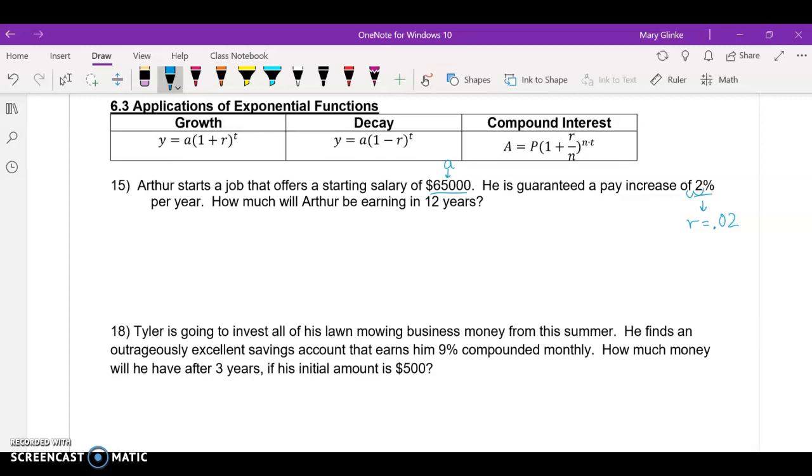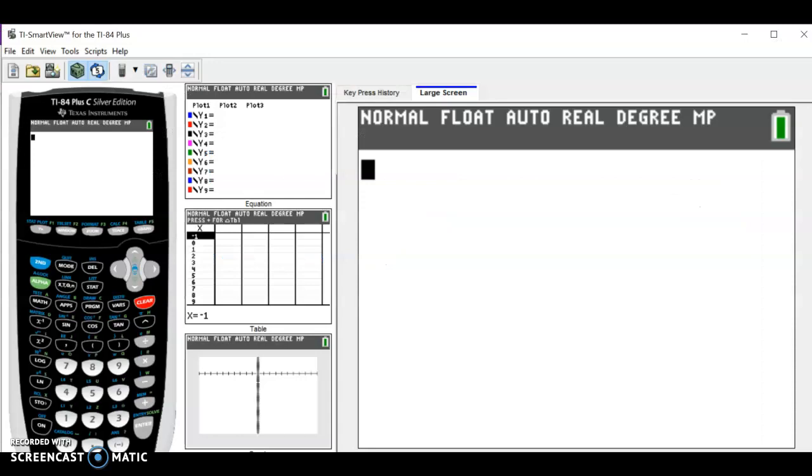We're looking for how much he will be earning in 12 years. So 12 here represents our time. So this one is a pay increase, which means we are going to be using our growth formula. So we're going to write y equals our initial amount times 1 plus our rate, which is 0.02 to the time. And once I write my equation, all I have to do is type it in my calculator.